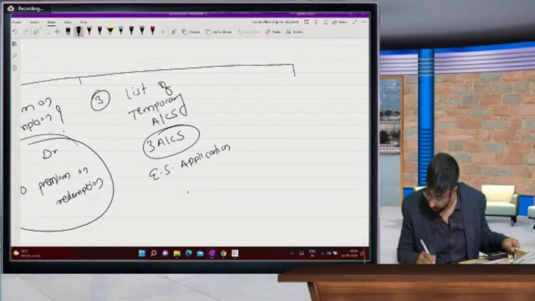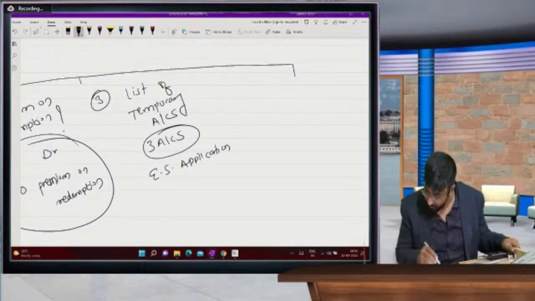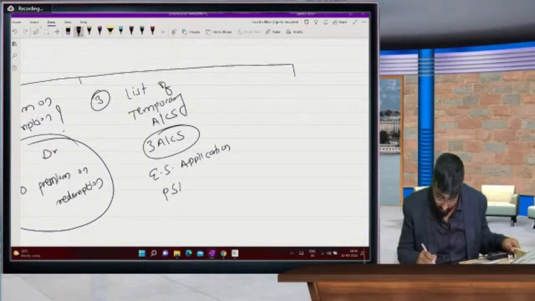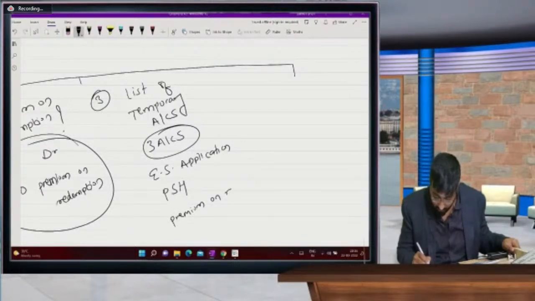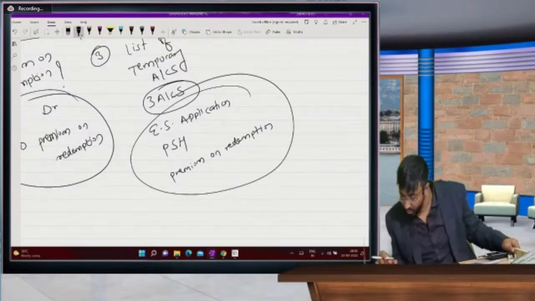No beta, wrong answer, Soumya ji. Preference shareholder and premium on redemption are three temporary accounts. Who wrote it clearly?